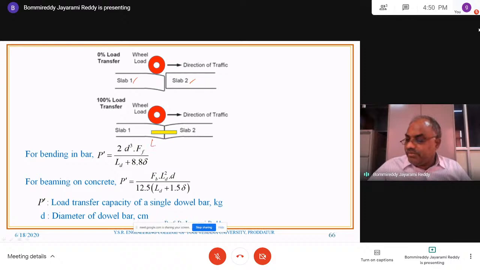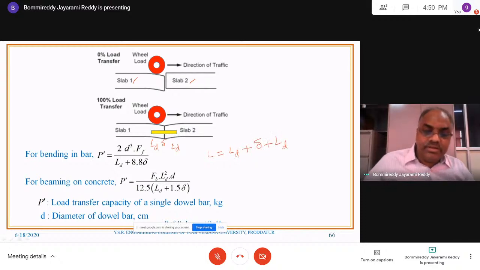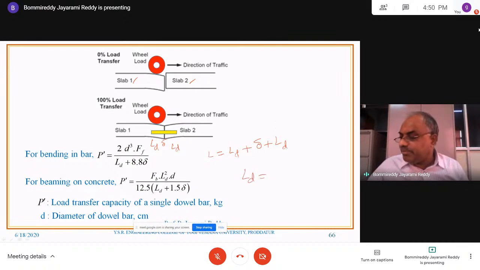That dowel bar has LD, the development length on one side, the development length on the other side also, and in between this gap. What is the total length of the dowel bar? Total length of the dowel bar is LD plus the gap, the gap meaning delta, plus LD again. That is the total length of the bar. And what is LD? LD is called the development length.